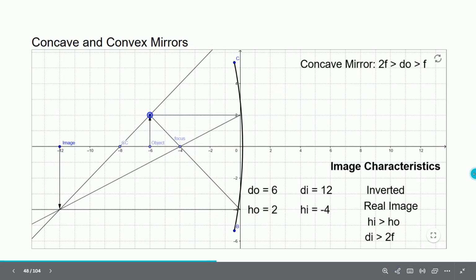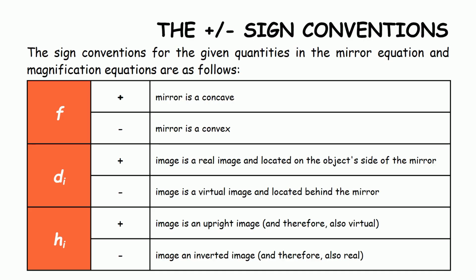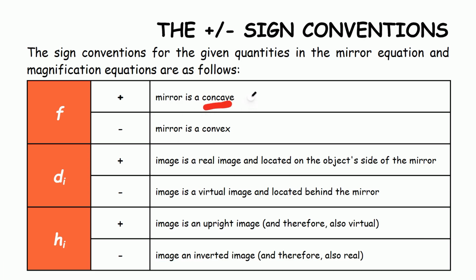Let's proceed. So we have the plus and minus sign conventions. The sign conventions for the given quantities in the mirror equation and magnification equations are as follows. If our focal length is plus, that is a concave mirror, because a concave mirror is a converging system. And if our f is minus or negative, the mirror is convex, because convex is a diverging system.